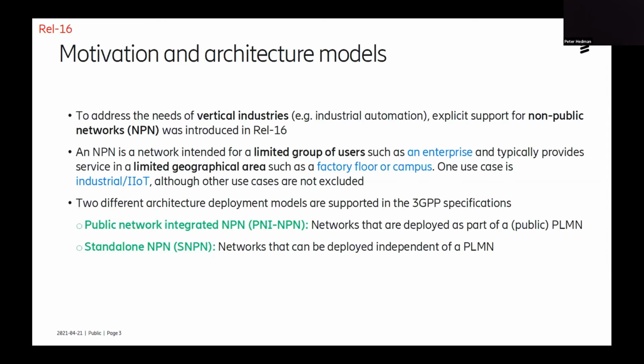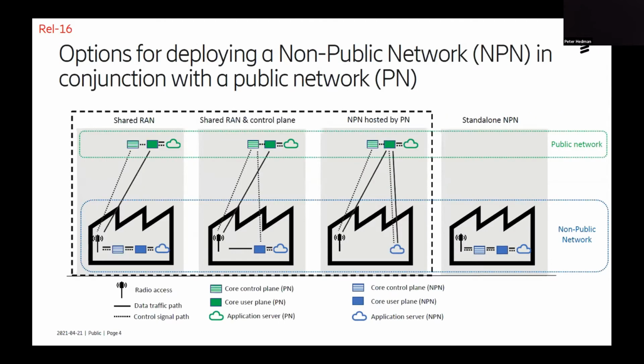So basically, there are many different ways you can deploy this. 3GPP offers flexibility by specifying the interfaces to enable interoperability, and actual deployment can therefore be quite flexible. These are just a few examples.